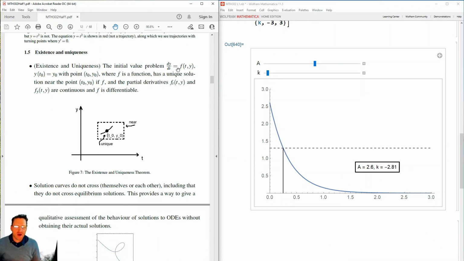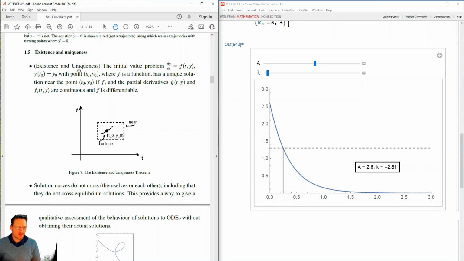Okay, so the initial value problem, so IVP for short. An initial value problem is a differential equation where you know some particular initial value to fix a particular trajectory.